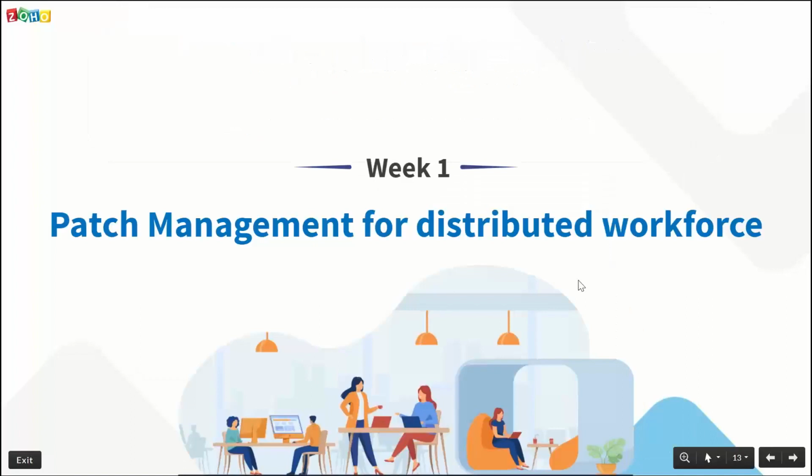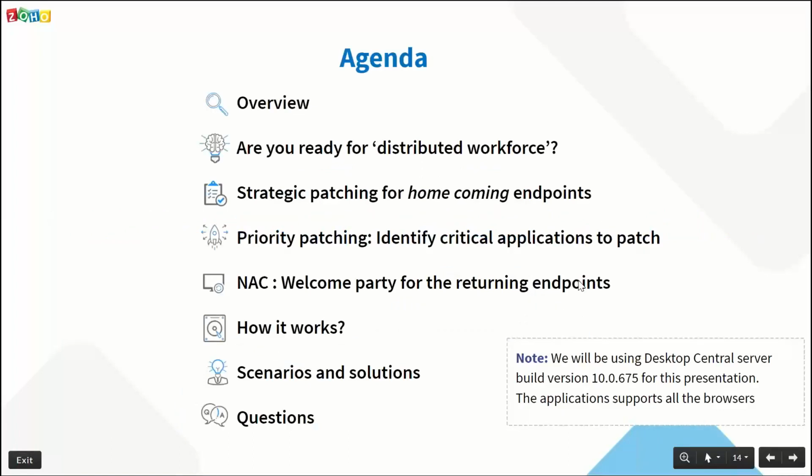Now let's move forward with the patch training. Like I said earlier, we will be focusing on distributed workforce in today's session. As per the agenda, since this is the first session in the 6-week series, we will begin with the basics about what Desktop Central is and how it can be used to achieve complete endpoint management.